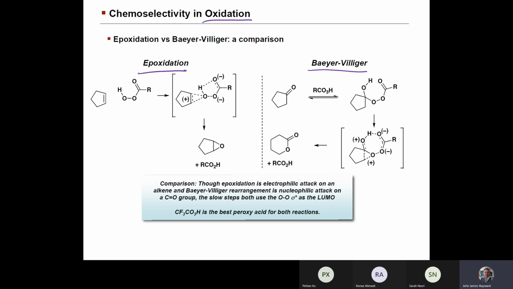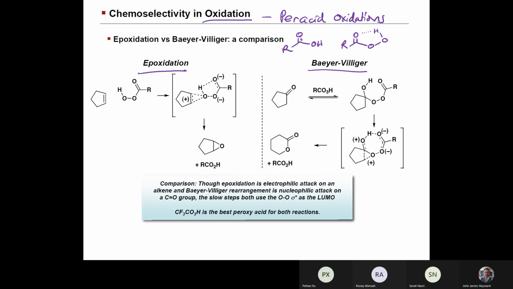So we take a per acid in both cases. And a per acid, well, you know that that is an acid, a carboxylic acid, and a per acid has an OO bond present. Okay.